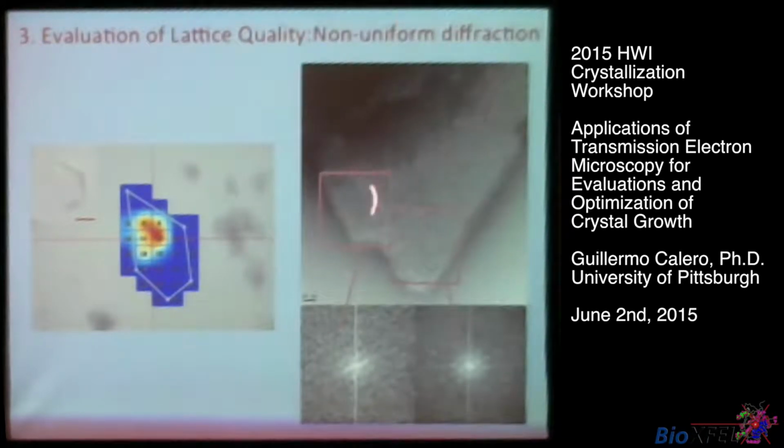So that's another application of TEM. You can see overall how your lattice looks, and whether there are defects in some areas of your lattice. You might then be able to help these crystals by seeding or by improving your protein purification protocol.